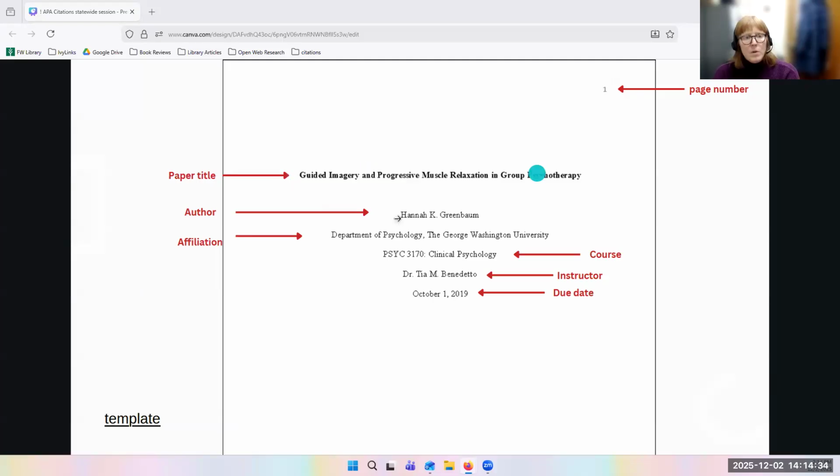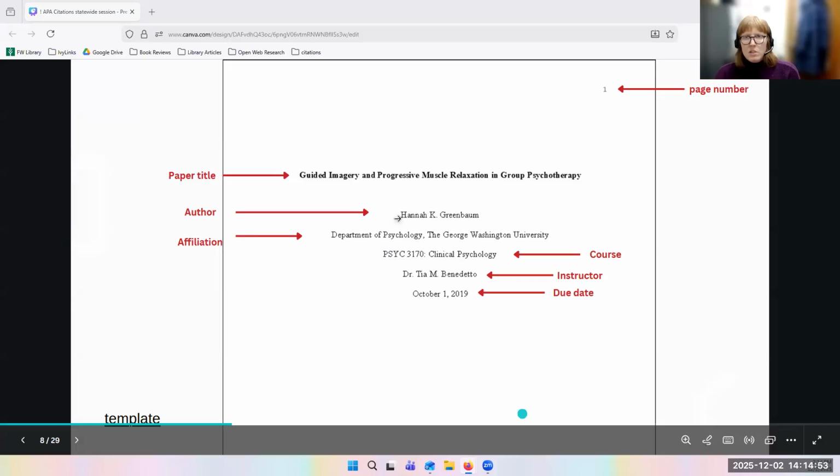We have our title in the center, and then a couple spaces, and then we have information about you, the school, the course you're taking, the teacher, and then the due date, right? And then of course we have our page number at the top right. And this is its own separate page. It comes before the body of your paper. It'll be the first thing that you or your teacher sees when you turn it in.